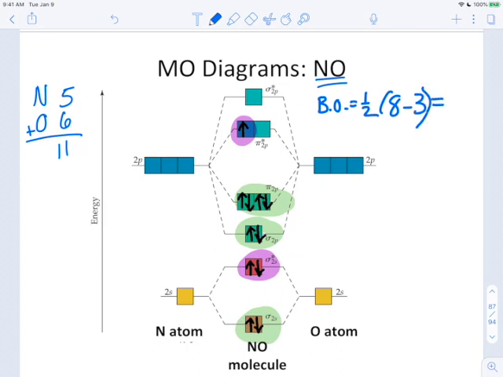So I agree, it is going to be 5/2 or 2.5. So that 0.5 shows that there's one electron that does have some amount of resonance going back and forth between whether it's going to be on the oxygen or on the nitrogen. All right, so any questions on how we did this one or any other one of our MO diagrams?